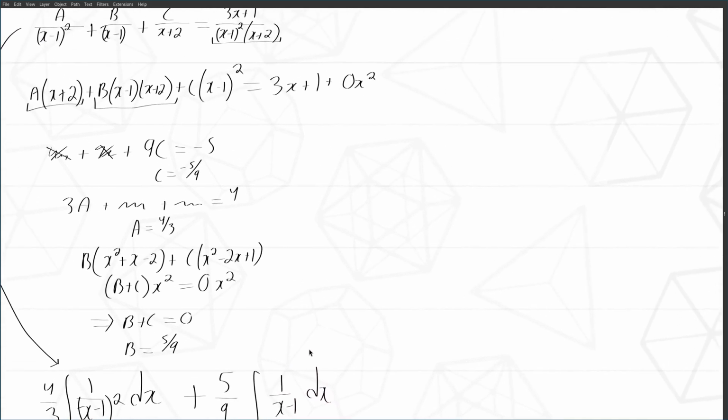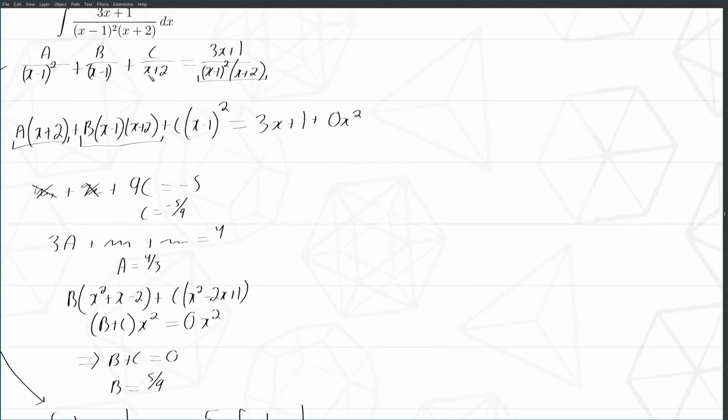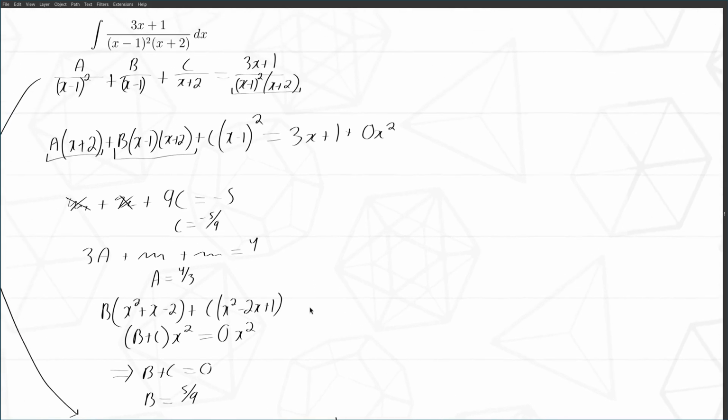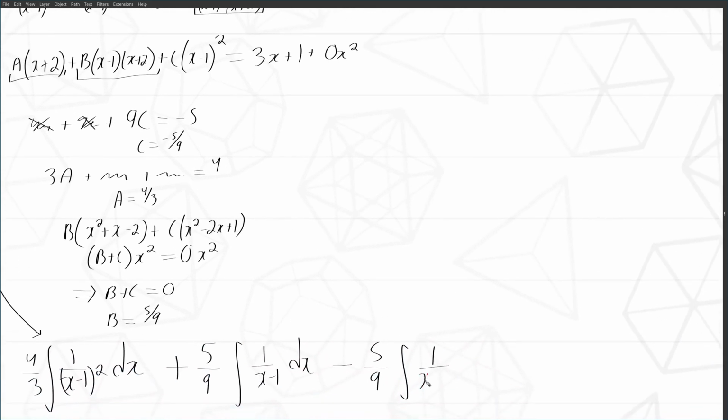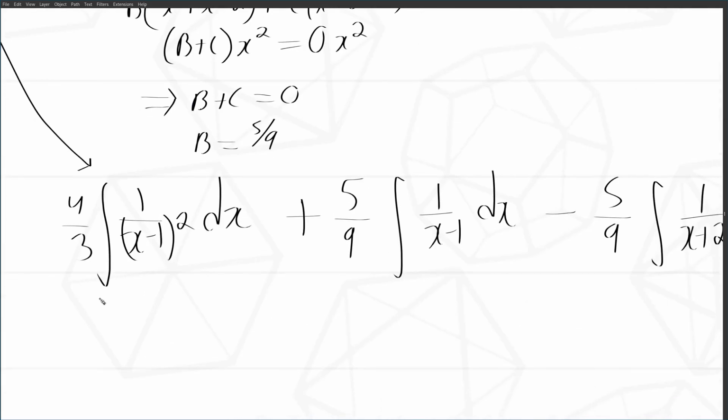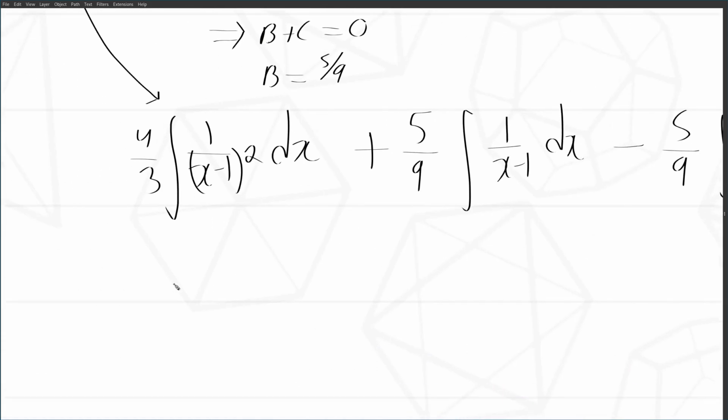And now for the c here, we're going to have minus 5 over 9 integral of 1 over, what is x plus 2? It's 2 dx. We can do the ones on the right pretty easily. But for the first one, we're going to do a little u-substitution.